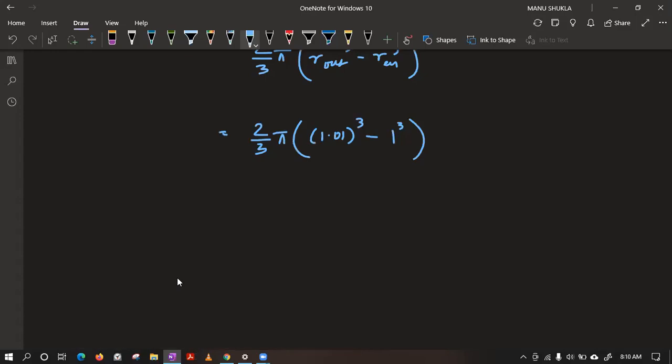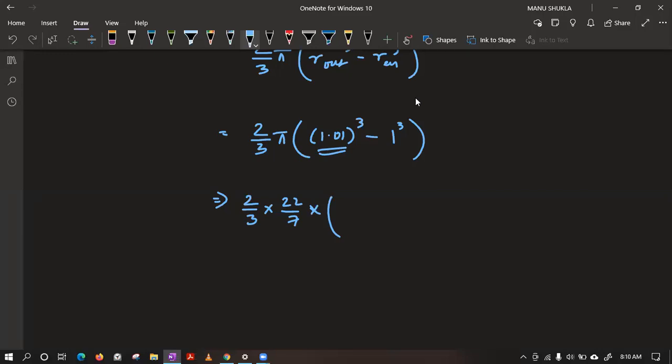Now, class, please tell me what is the value of 1.01 cube? Please find fast.